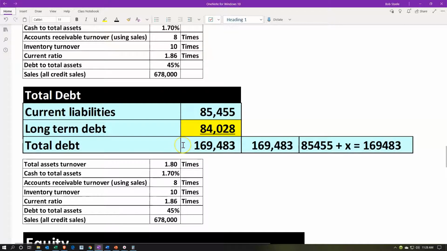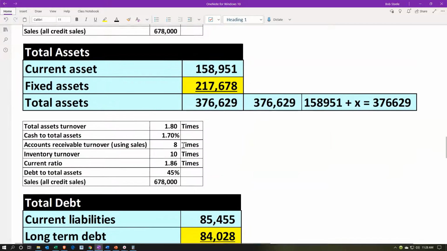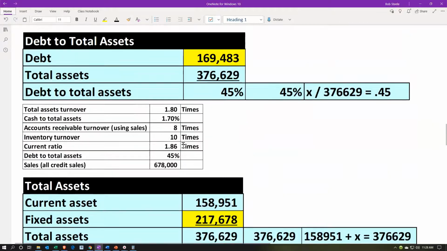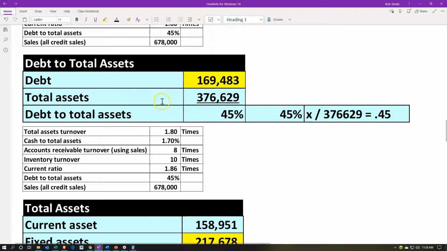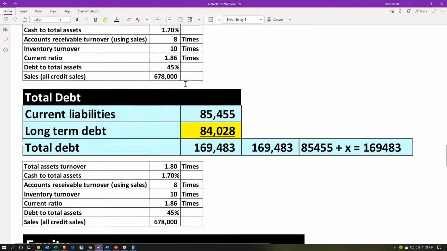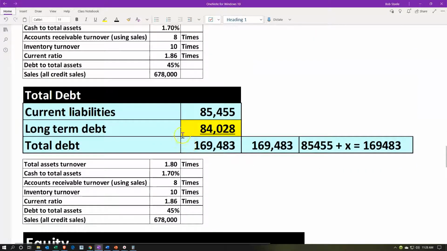And the total debt we figured out up top, the total debt being the 169,483. The thing we don't know then is the long-term debt that we want to pull out. So that's going to be our equation: 85,455 plus x, if we do this algebraically, equals the 169,483.